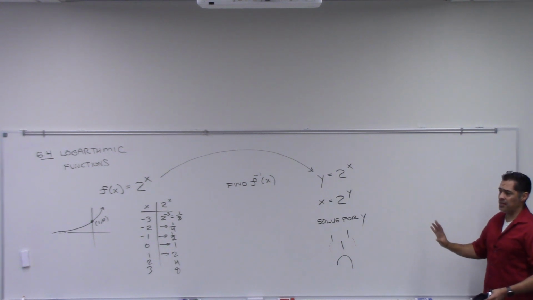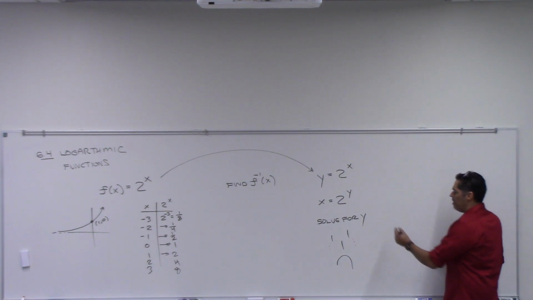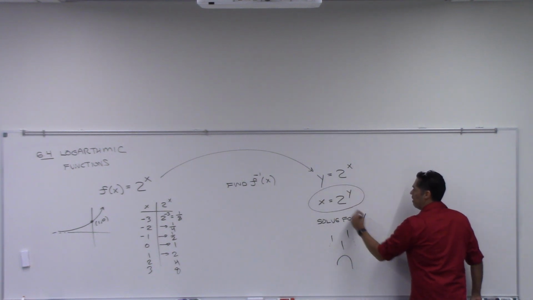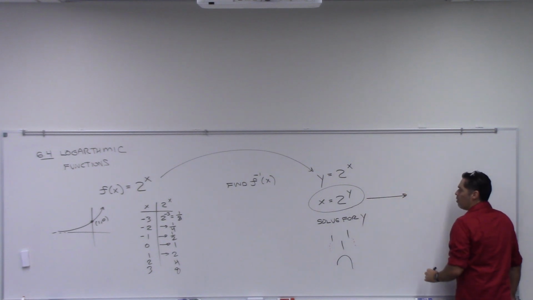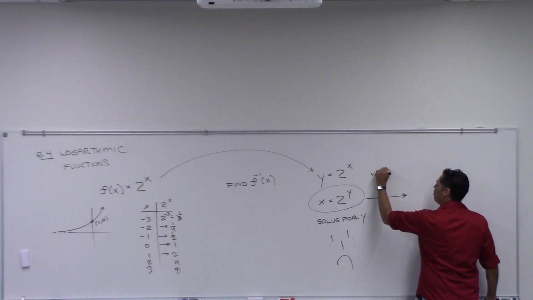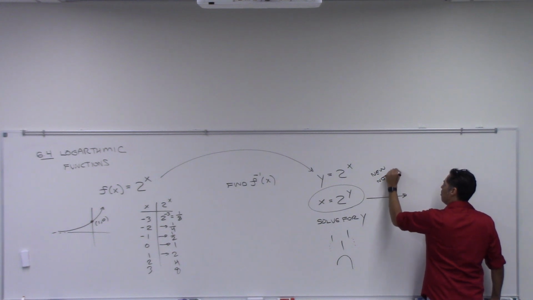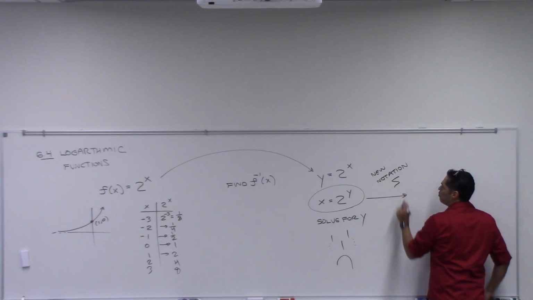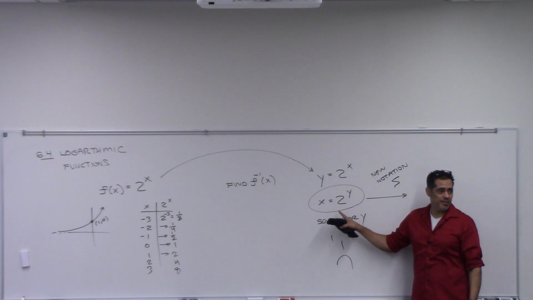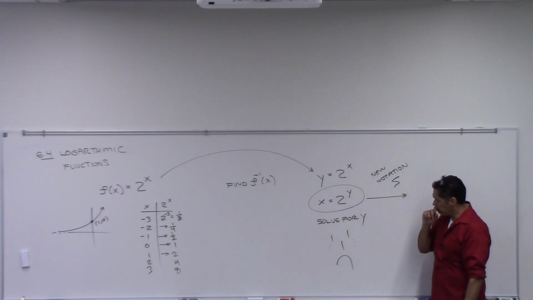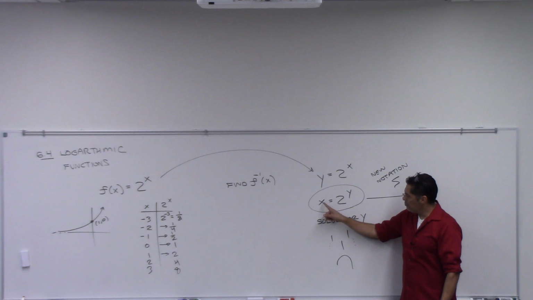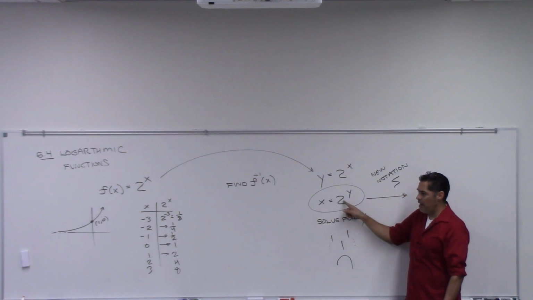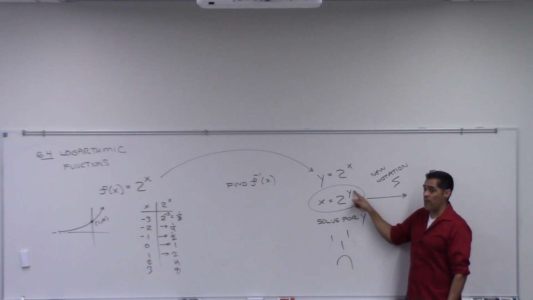What we do instead is this. Whenever we see this expression, we create some new notation that represents what it means. It means that x is what you get when you take this 2 and raise it to the power of y.